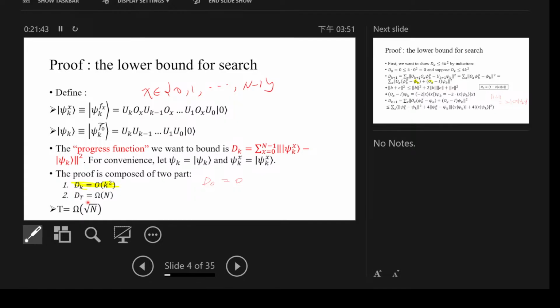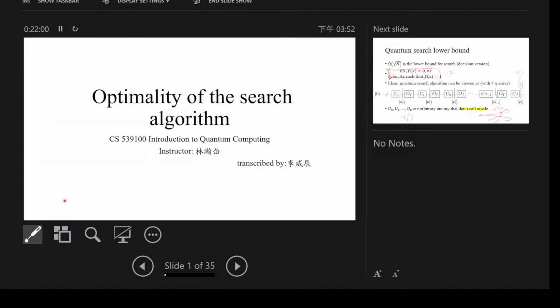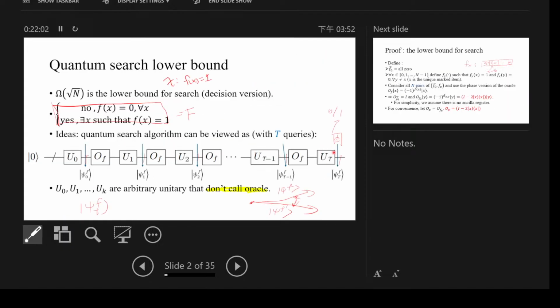So Dk is order k squared, which means that with each oracle call, your progress function doesn't grow too fast. And also D_T is omega of n. It means that at the end of the algorithm, you want a good probability to distinguish between the yes case and the no case.